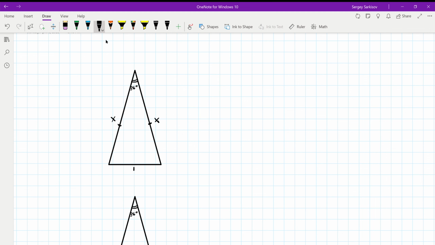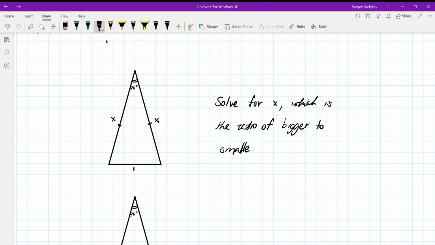So we want to find x to 1. Given this information, solve for x. And this is basically the ratio of bigger to smaller sides. That's the biggest thing I want you to see from here. Later on I'll explain why.